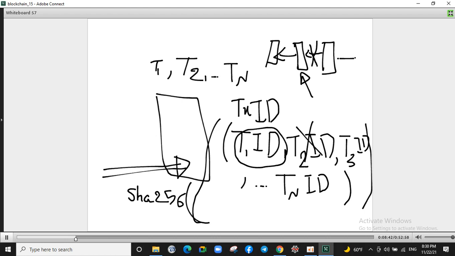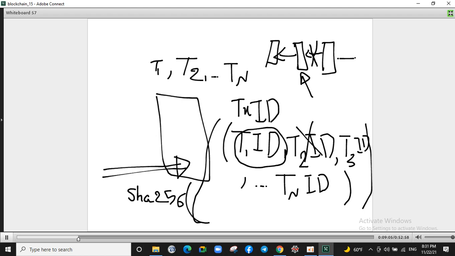We calculate the address of a block using hashing of all transaction IDs inside the block. But we need also to search a transaction inside the block.